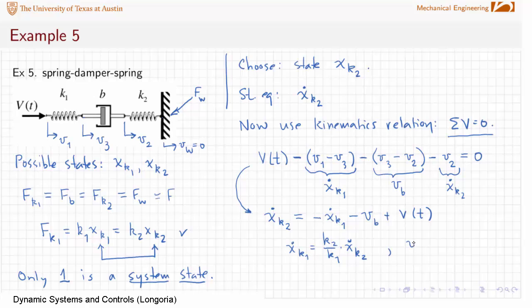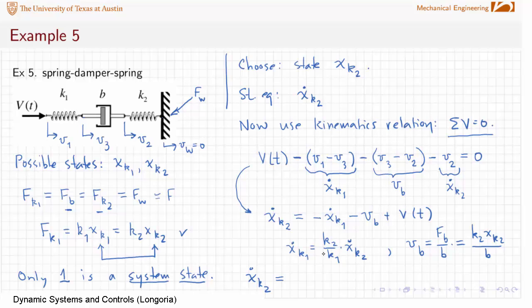And you know that vb is equal to Fb over b, but remember Fb is related to Fk2, which is just k2 xk2. So I'll let you finish this off, but at the end of the day you could write the final equation for xk2dot in terms of only xk2 and the input.